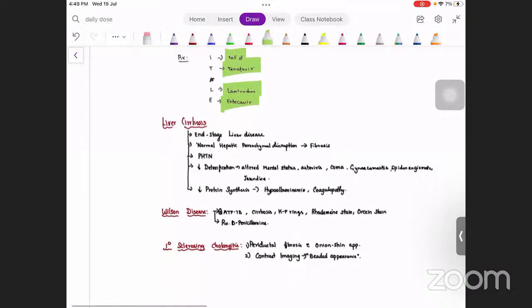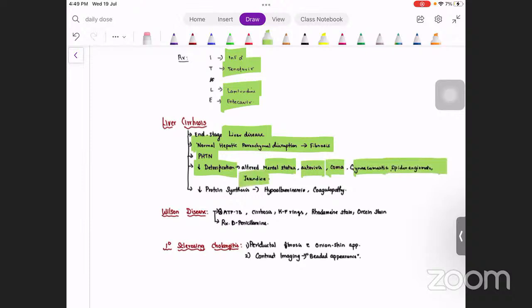Apart from that, liver cirrhosis is the end-stage liver disease, where you see normal hepatic parenchymal disruption along with fibrosis, and portal hypertension is one of the causes. There will also be a decrease in detoxification in liver cirrhosis. Whenever there is a decrease in detoxification, there will be altered mental status, asterixis, coma, gynecomastia, spider angiomata, and jaundice.